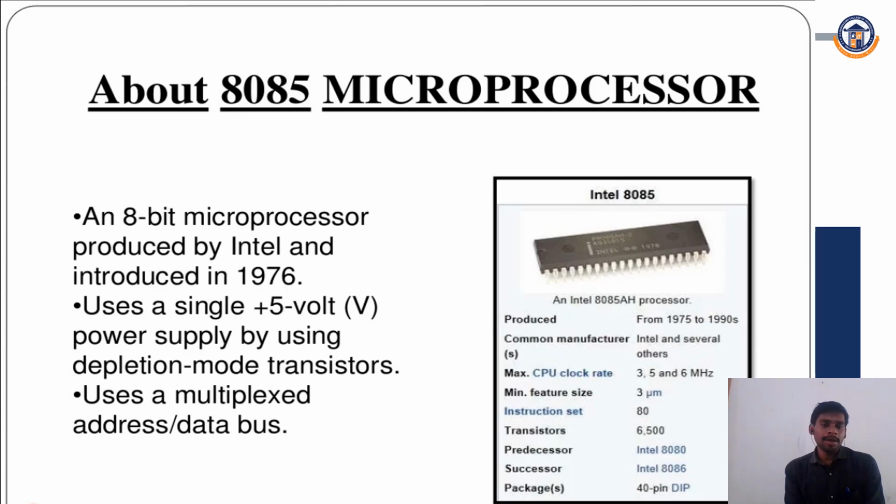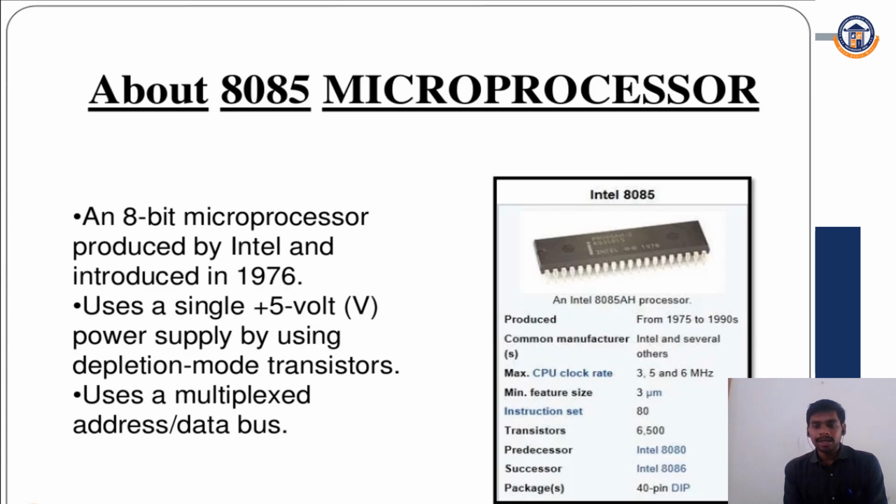About 8085 microprocessor. It is a 40-pin chip, an 8-bit microprocessor produced by Intel and introduced in 1976. Uses a single 5-volt power supply by using depletion mode transistors, and uses multiplexed address and data buses.